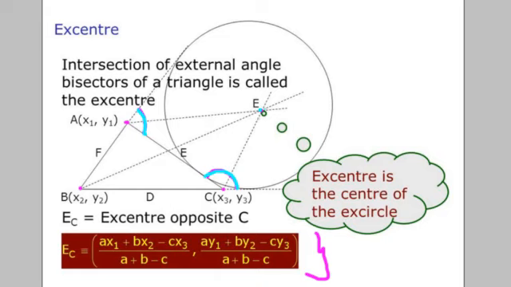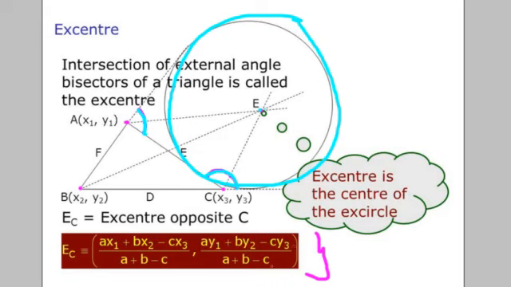The excenter is also the center of the excircle. The excircle is this one. So the formula to remember is: the excenter equals (ax1 plus bx2 minus cx3) divided by (a plus b minus c), and (ay1 plus by2 minus cy3) divided by (a plus b minus c).